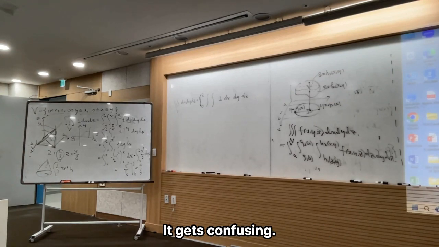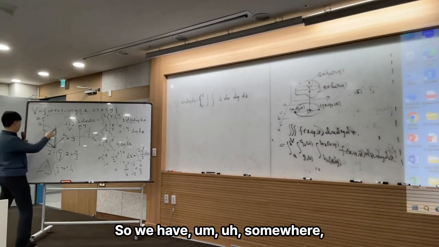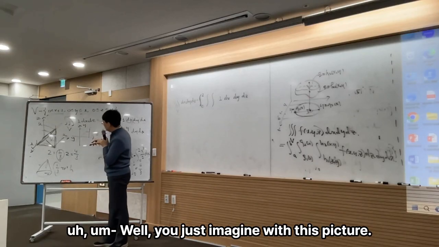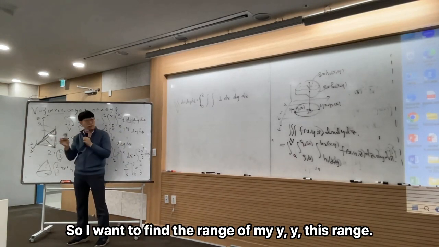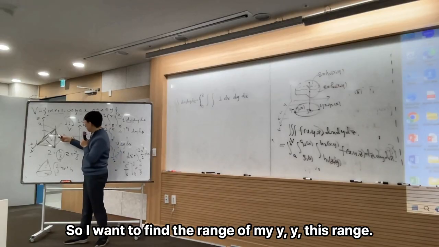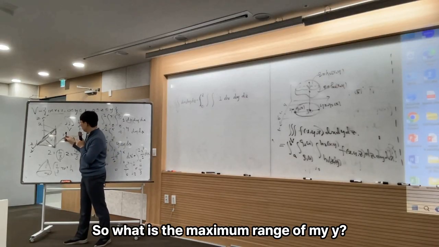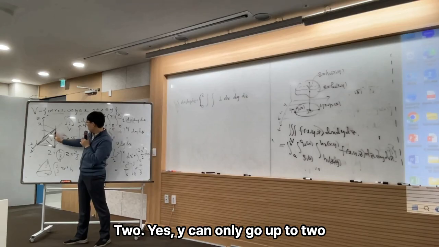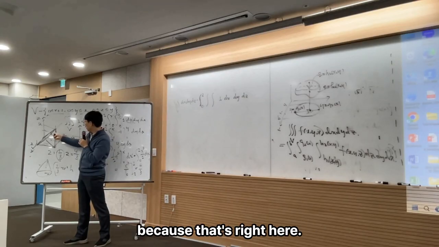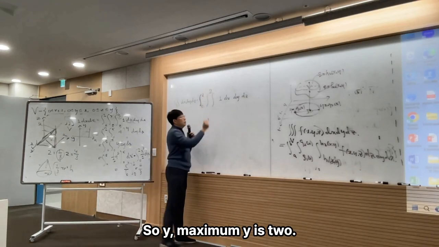It's confusing, but you can just imagine with this picture. I want to find the range of my y. What is the maximum range of my y? 2. Yes, y can always go up to 2 because that's right here. The maximum y is 2.